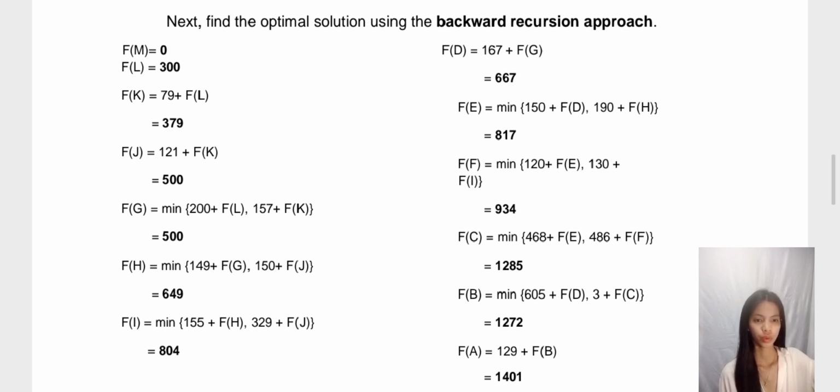Then when we calculate f(J), the process is still the same. We take the value from the previous stage, f(K), and since we already have the distance from J to K, we add it together to get the result.